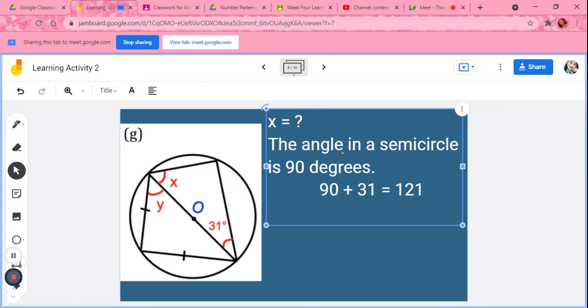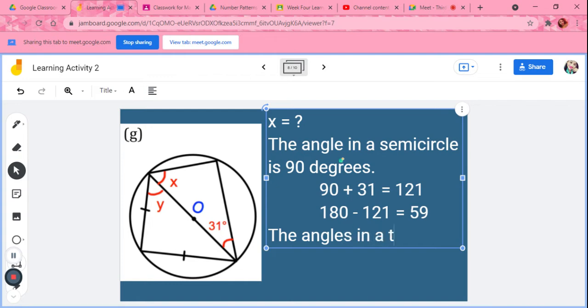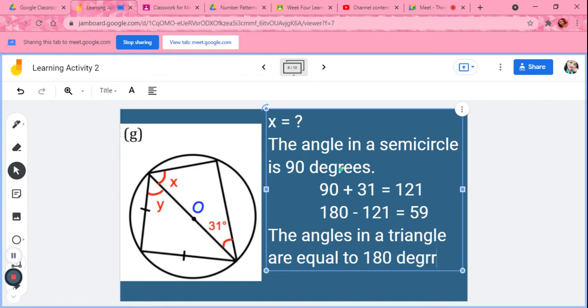And then to find the other missing angle, I'm going to have 180 minus 121. What would that give you? 59. Very good. And then I write my reason: the angles in a triangle are equal to 180 degrees.